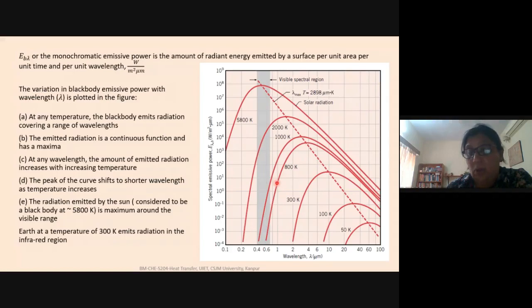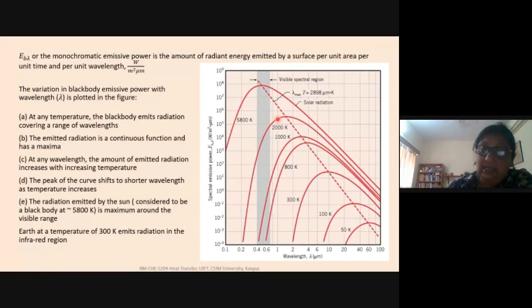And then when I go to a temperature of say 1000 Kelvin, this increases to about say 400. Then I go to a temperature of 2000. This increases to about 3 or 4 into 10 to the power 5. So as the temperature increases, the amount of emitted radiation also increases.